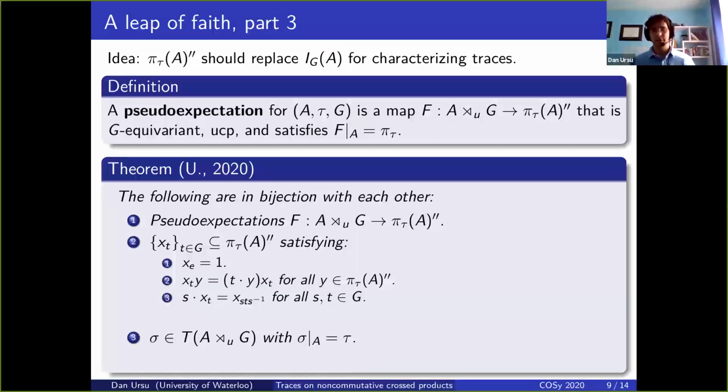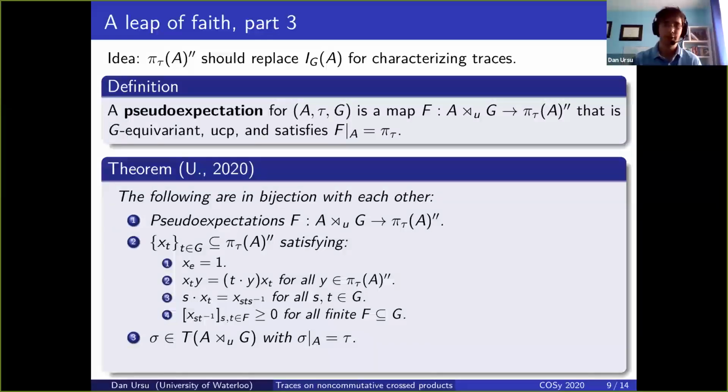It should have a certain conjugation property, and it should have a certain positive definiteness property. So given any finite subset F of G, if I consider the finite matrix indexed by elements of F, where the S, T entry is given by the element x of ST inverse, then this matrix should be a positive matrix in the end.